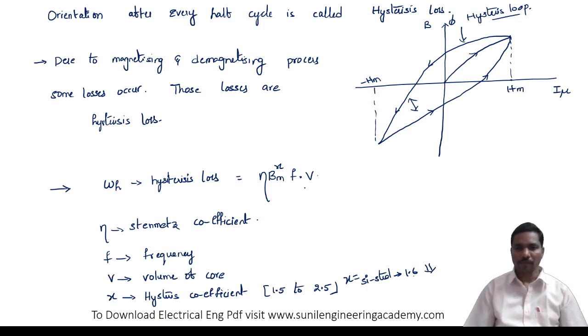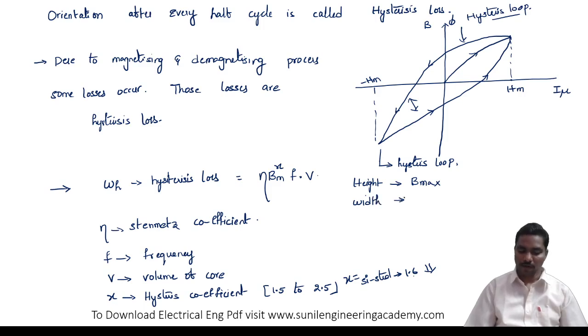In this hysteresis loop, the height is determined by B max, the width is determined by the volume of the core, and the number of loops is determined by the supply frequencies.